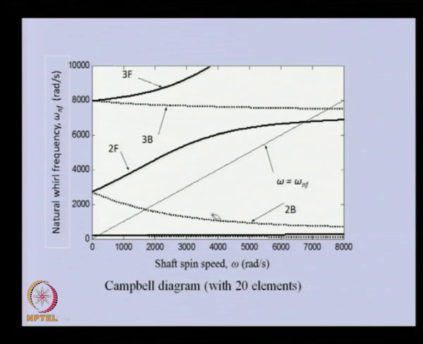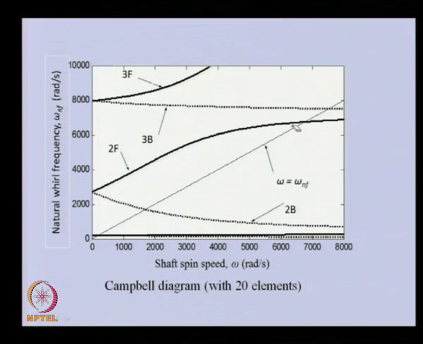In this case, as we have increased the number of elements, shaft modes are also coming into the picture. Now the shaft has a consistent mass matrix.